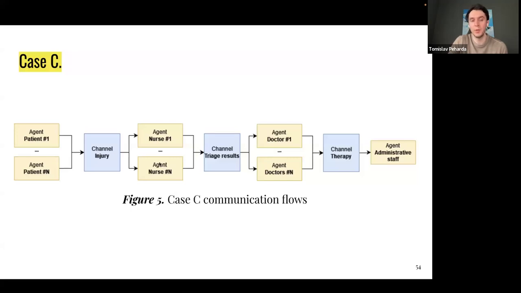So the triage results are then sent to channel triage results, to which doctor agent instances are subscribed. Obviously, when they receive those results, they can react to them. But you would not want all of them to react, only one of them.